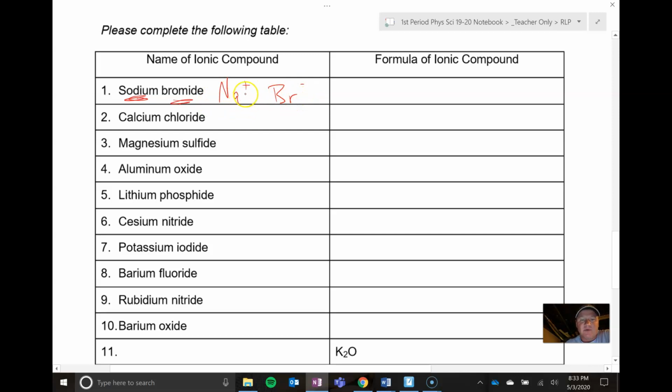So in this case, sodium with a +1, bromide with a -1, they simply cancel each other out. It's a 1-to-1, and the formula is NaBr. Okay, so do that with each of those. Write the individual ions and their charges, and then crisscross if you need to get to the final formula.